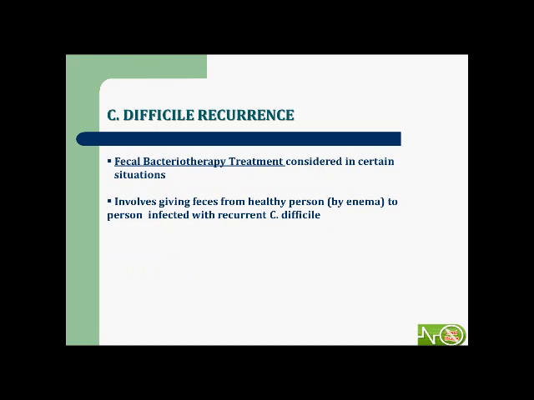Now, fecal bacteriotherapy is considered in certain situations when they have multiple recurrences, and this is one of the interventions that we have been following in people who have had at least 2 or 3 recurrences, and at which point they do not want this to recur any further.